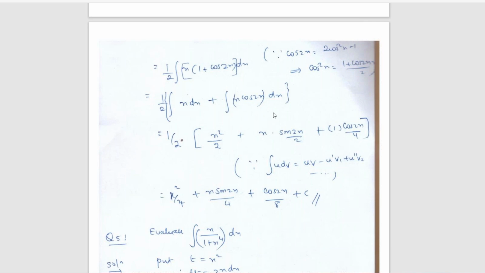This is of the form integral u dv. This is based on integration by parts. I am using this formula, which is known as Bernoulli's formula. Bernoulli's formula is integral u dv is uv minus u dash v1 plus u double dash v2 minus u triple dash v3 plus etc. The dash means the differentiation here.